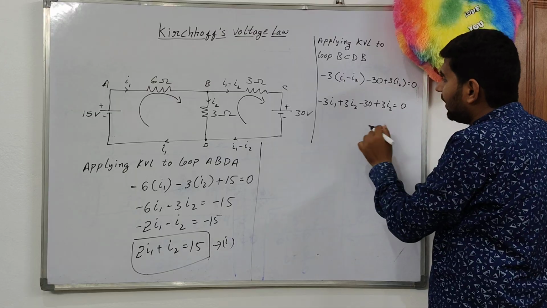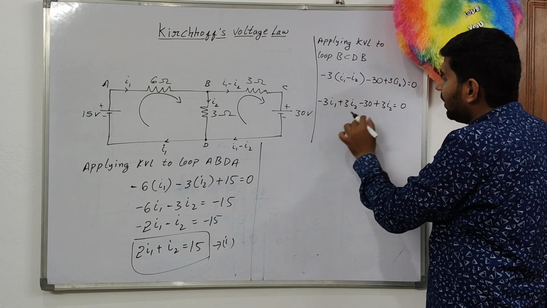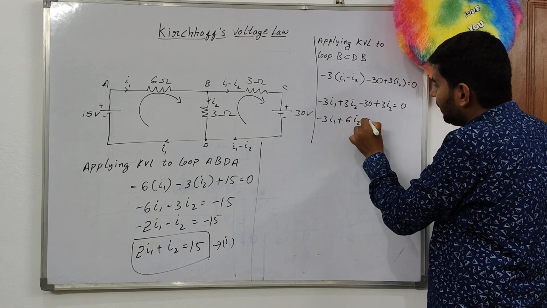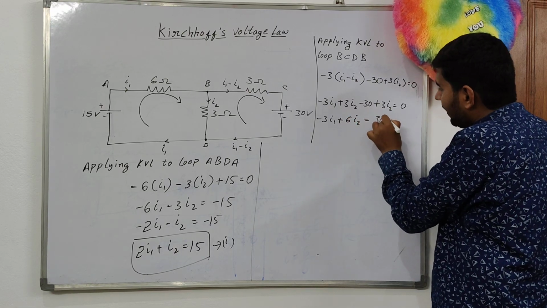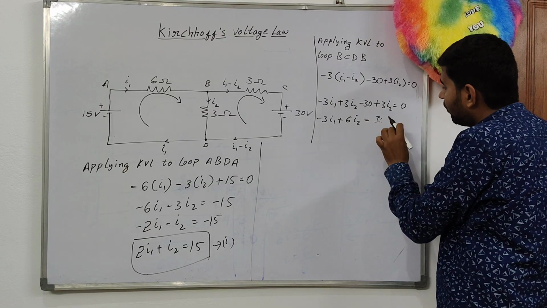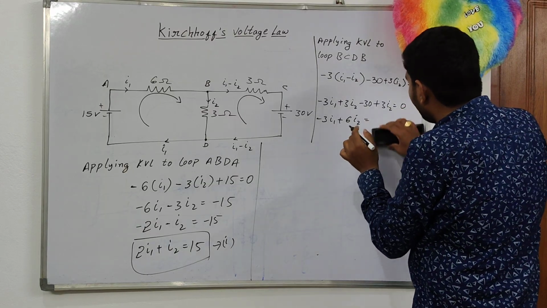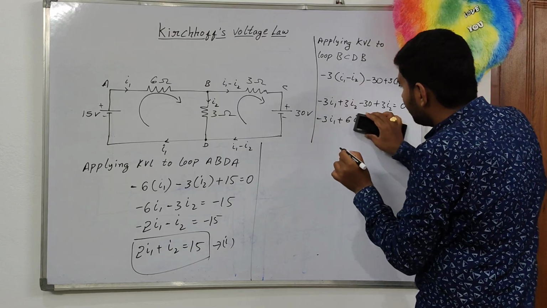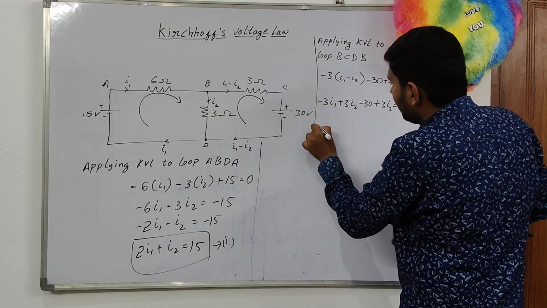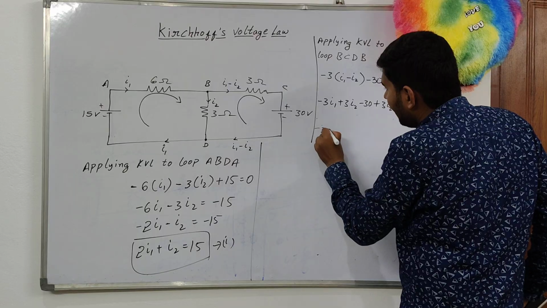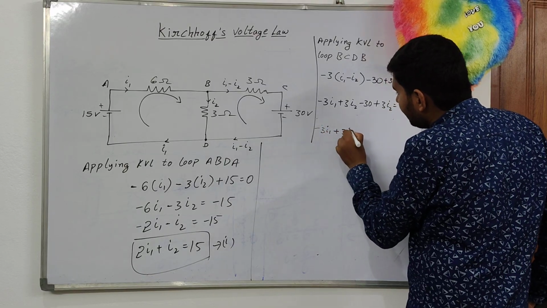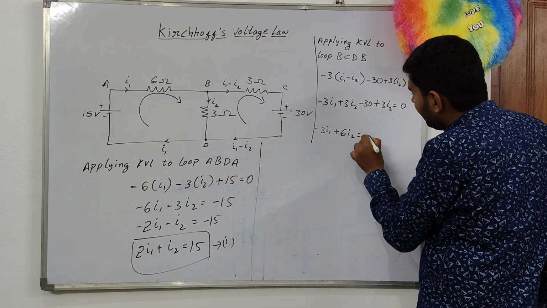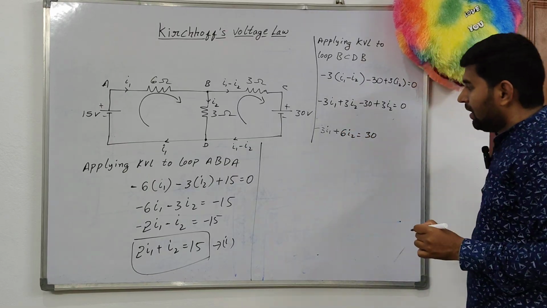If I transpose the 30, we get minus 3I1 plus 3I2 plus 3I2, which is 6I2, equal to 30.